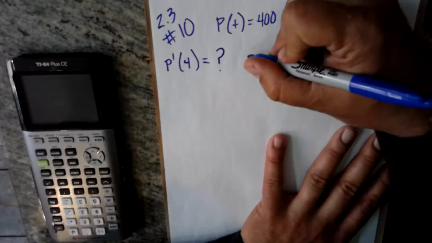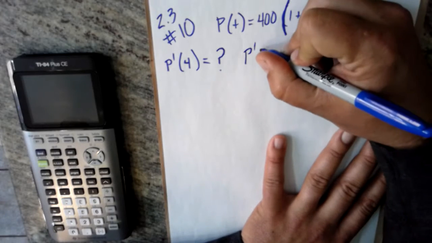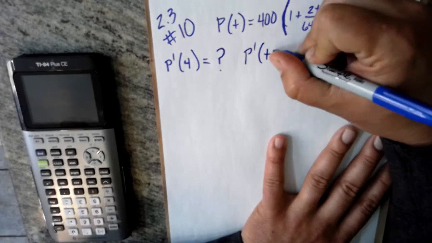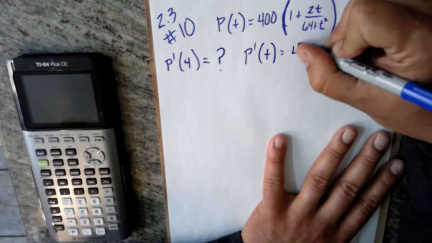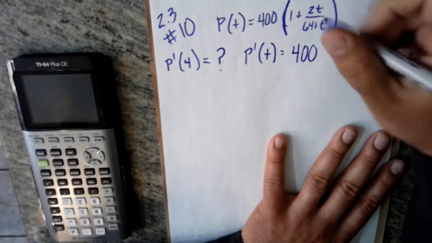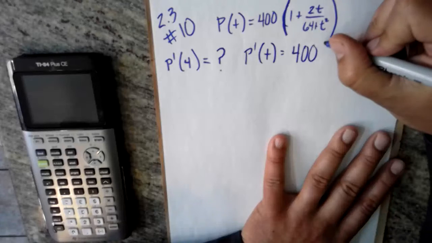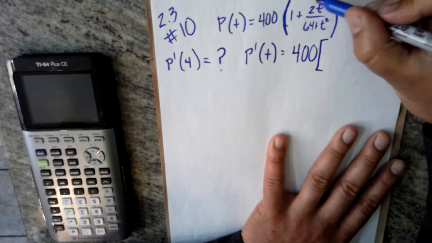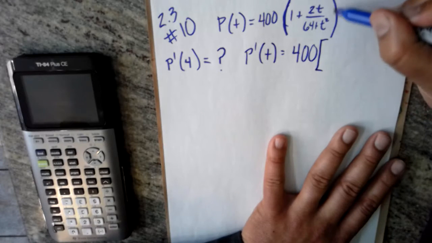So to take the derivative, we're going to use the quotient rule here. It's 400 times, okay, well, the derivative of 1 is 1. So then what we've got to do is just take the derivative of this using the quotient rule.